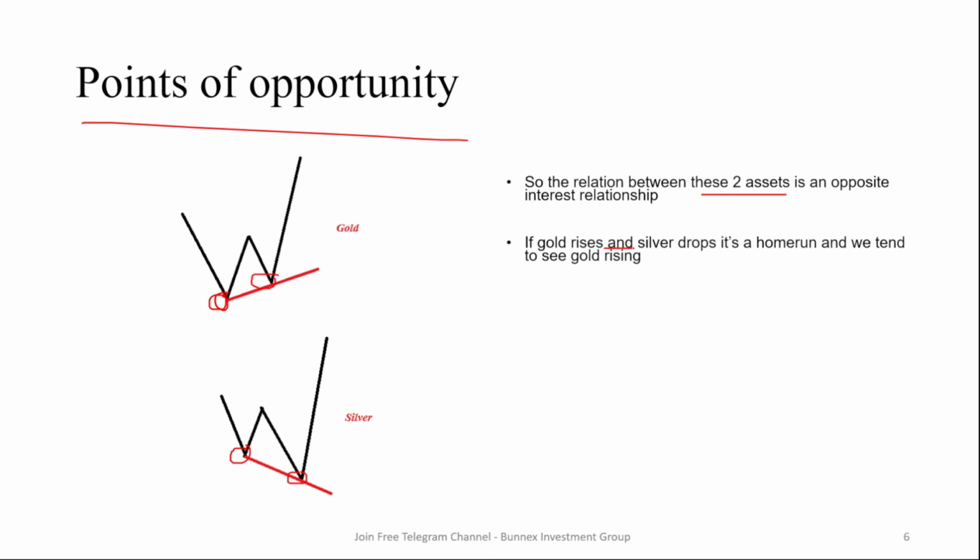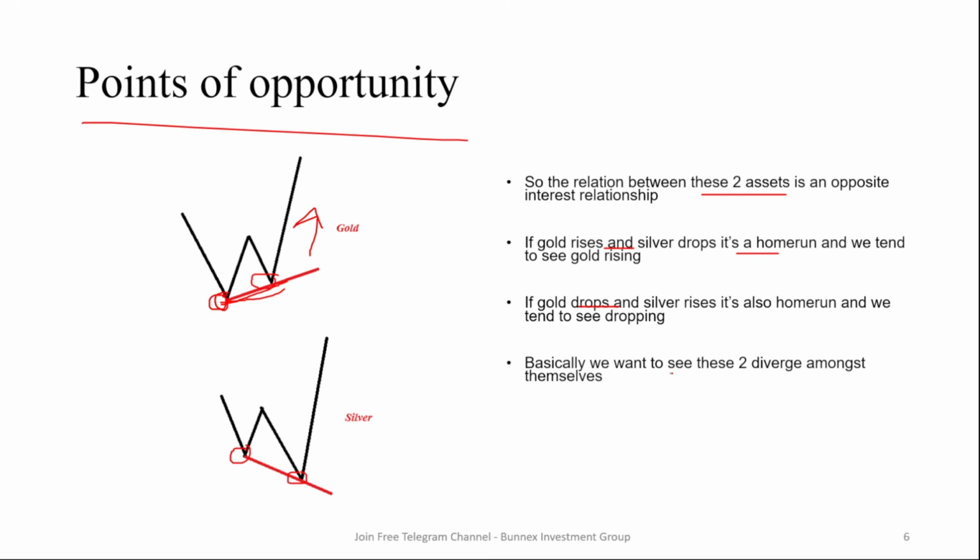So if gold rises, like what we are seeing, with higher lows, and silver drops, it's a home run, and we tend to see gold keep on rising. The opposite is also true. If gold drops and silver rises, it's also a home run, but we do what is being done on gold.